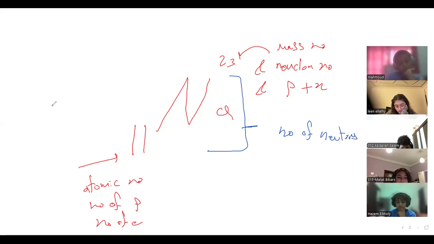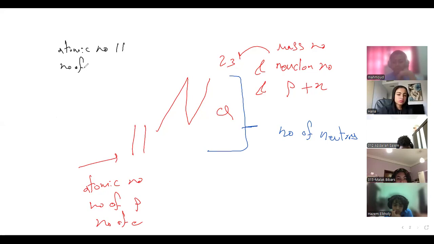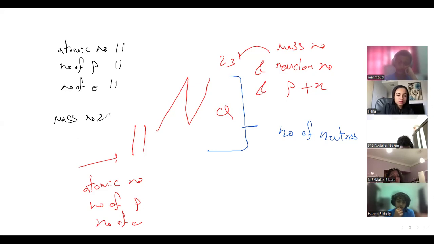So in this element, the atomic number equals 11. Number of protons equals 11. Number of electrons equals 11. The mass number equals 23.